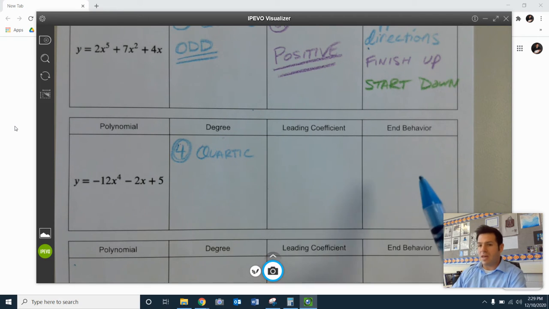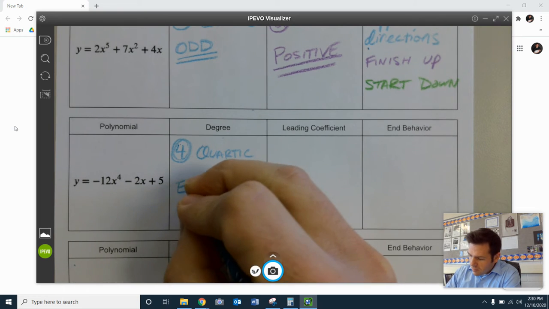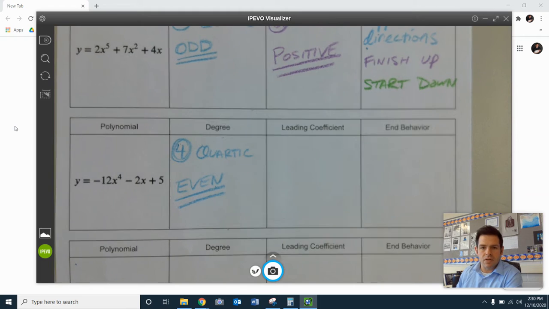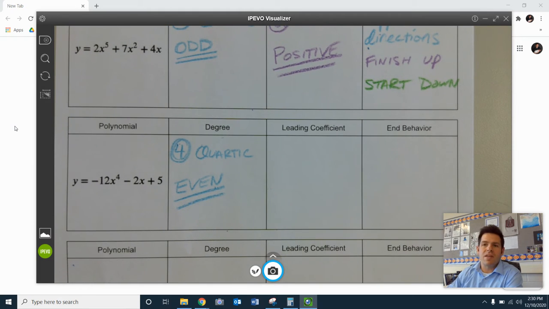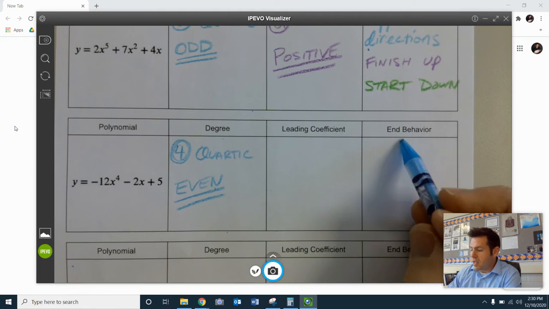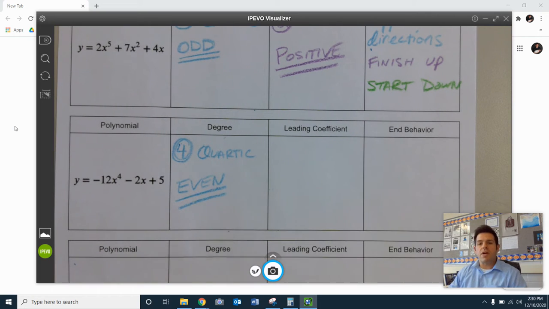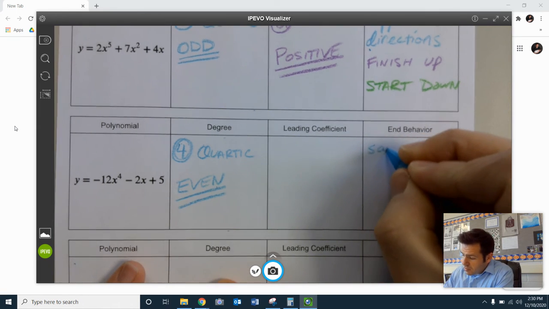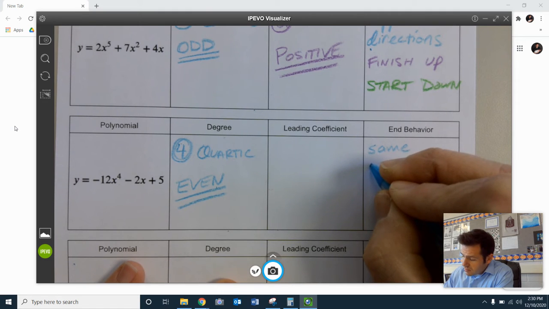For what we're doing with end behavior, we also need to understand, is it an even or an odd number? So obviously the number 4 is an even number. Hopefully we understand that. Certainly important to the situation here, because what that tells us is that our end behavior, what the graph is doing on the left side and what it's doing on the right side, if we were to draw this out or have it on Desmos, means that we should be heading in the same direction, both on the left and the right.